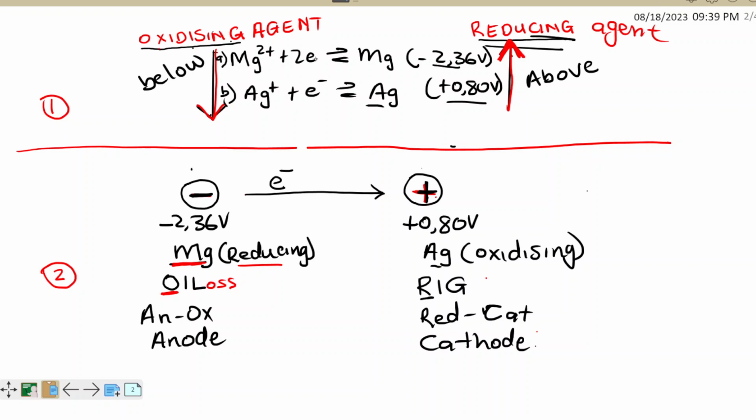So if you look at this half reaction of magnesium, these two electrons are supposed to be on the right. So I'm going to take all of this that is on the right, put it on the left, and the other way around. These two electrons are supposed to be on the right. This Mg in a solid form is supposed to be on the left, because on the magnesium, electrons are being lost.